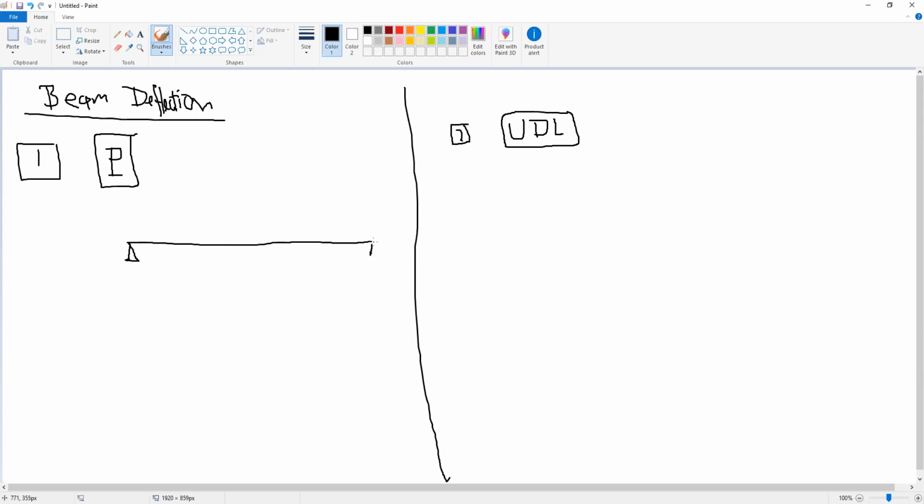So we will study only simple beams with a span L, and the applied load in the first case is a concentrated load P at the middle of the beam, or at the mid span of the beam. This P is here at mid span.